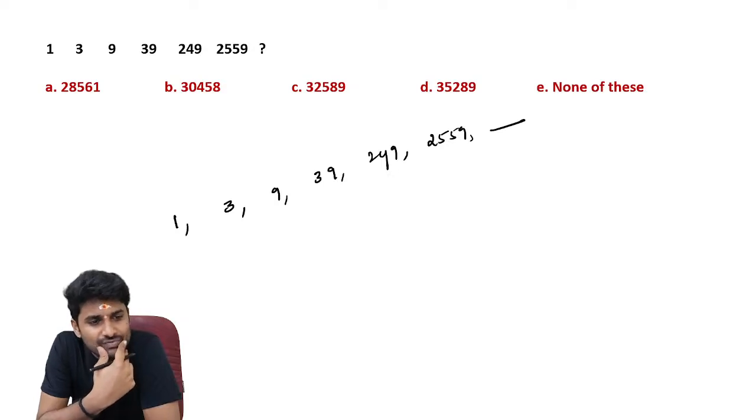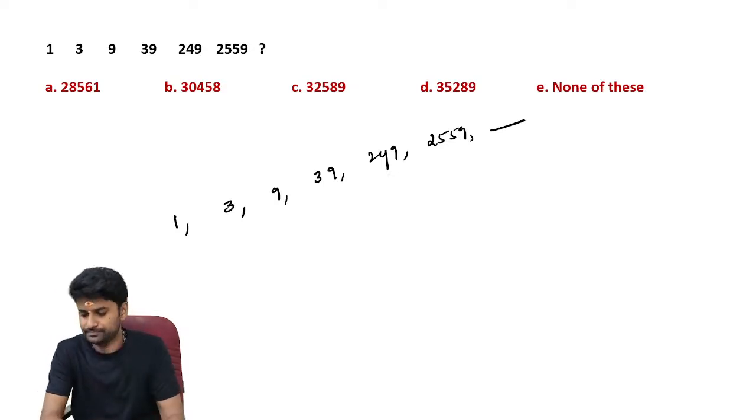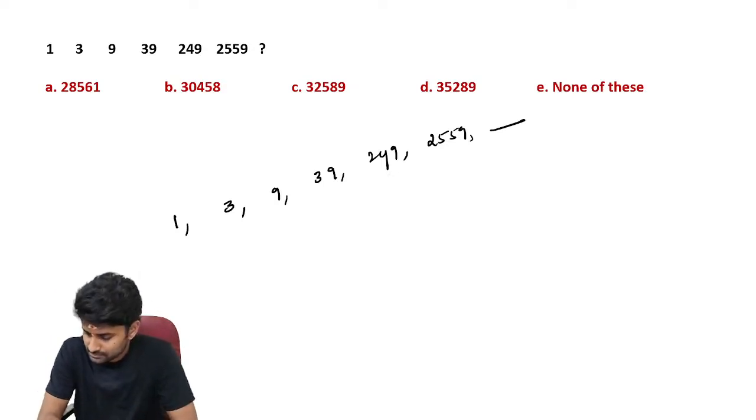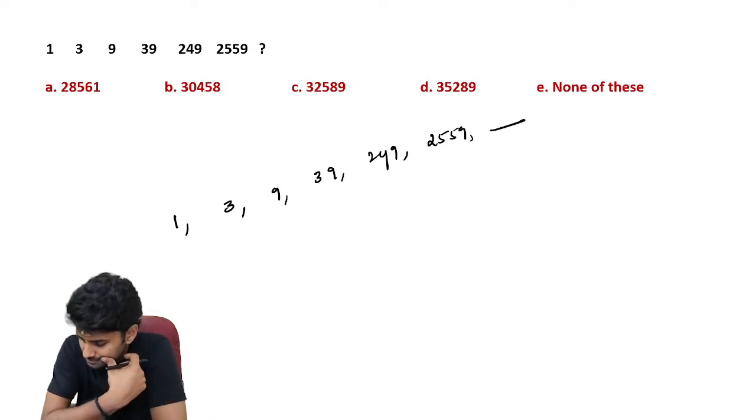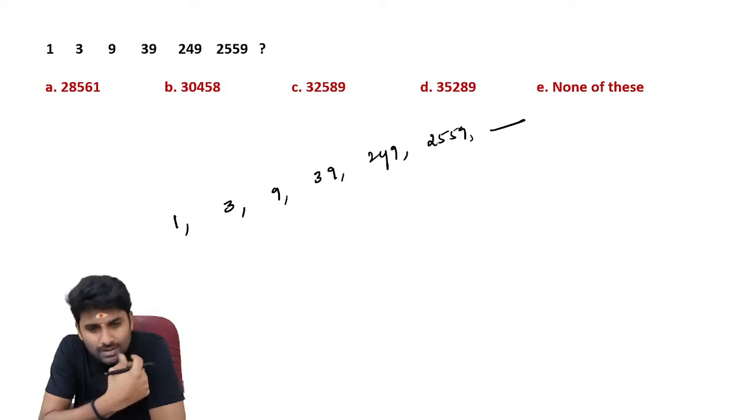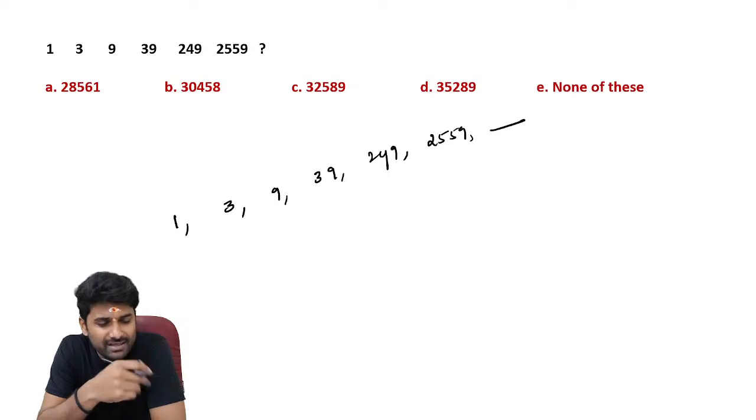So here the numbers 1, 3, 9, 39, 249, 2559. What can be the next number? See, if you go through that multiplication, first of all, see 1, 3, right?